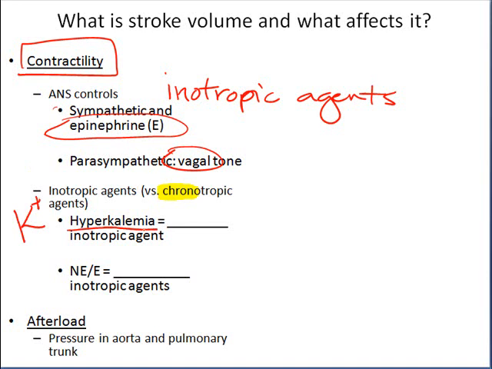Hyperkalemia, it turns out, is a negative inotropic agent. And if you think about it, it should make sense, because in a normal situation, cells have a lot of potassium inside relative to a small amount outside.